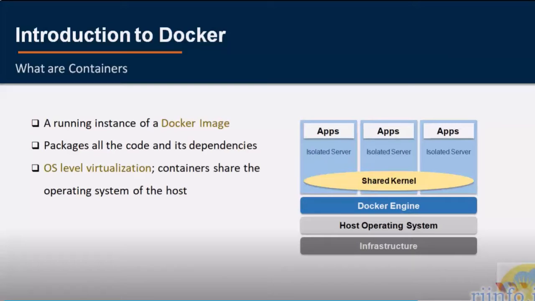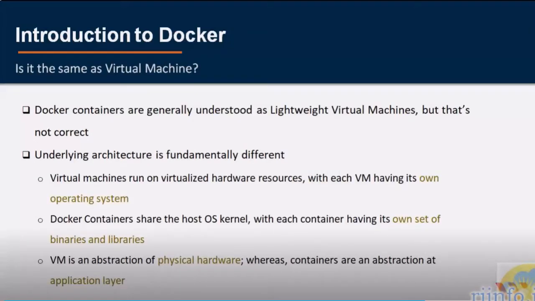Conceptually, this all sounds similar to virtual machines, doesn't it? But it is not entirely true. Containers are not just lightweight virtual machines. There are fundamental differences in these two technologies. Virtual machines run on hypervisors which provide virtual hardware resources to each of the virtual machines. Each virtual machine has its own operating system running on those virtual hardware resources.